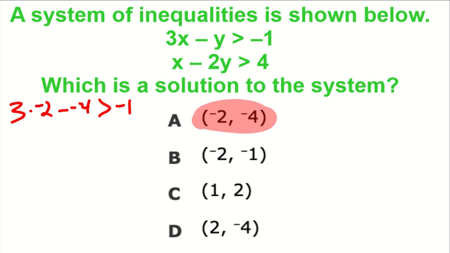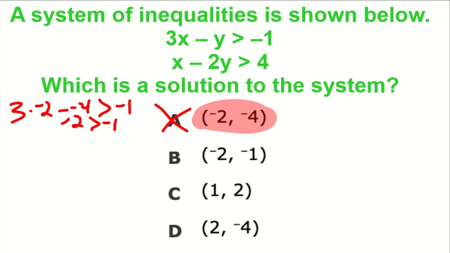If I do my math here, 3 times -2, that's -6, minus -4, I gotta do same change, so that becomes -6 plus 4, that's -2. Is -2 greater than -1? No, so I don't even have to check the second inequality. A is wrong. Everybody follow with what we did?